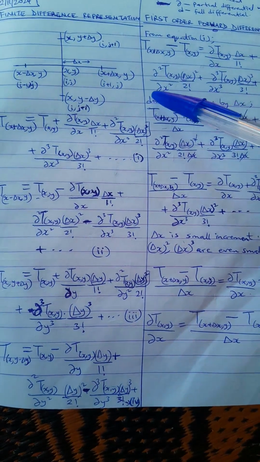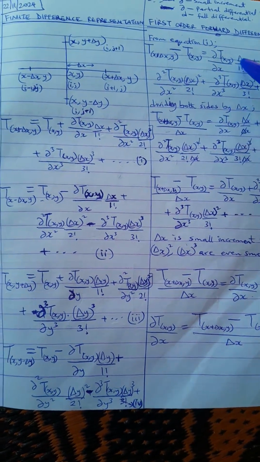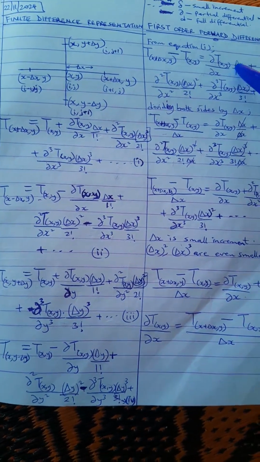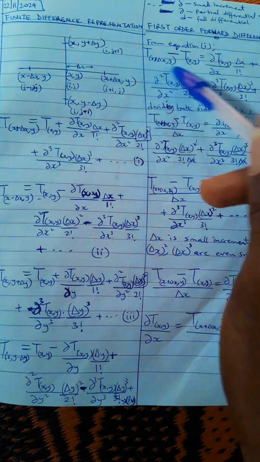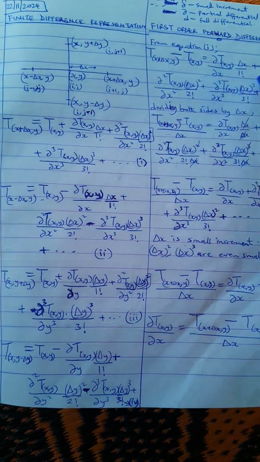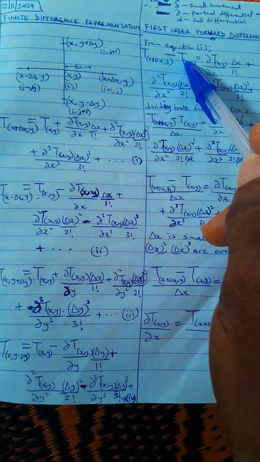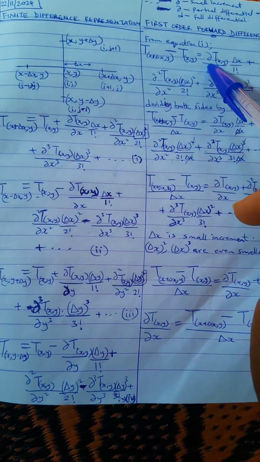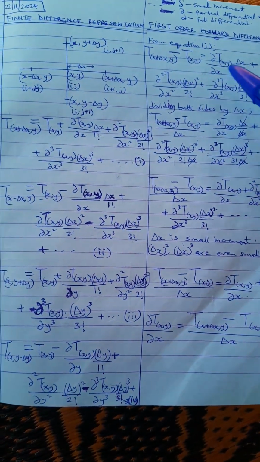So the next step is what? Divide both sides by delta X, the small increment there. You divide both sides, this side by delta S, this side by delta S. That's what you're seeing here. This side over delta X, and everything here now over delta S. Just do it one by one.